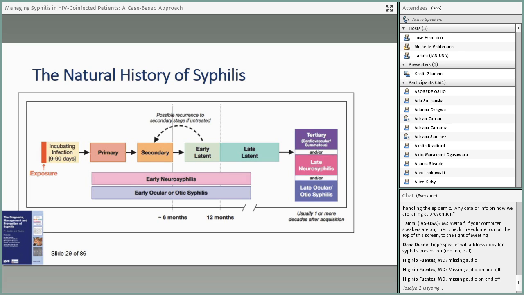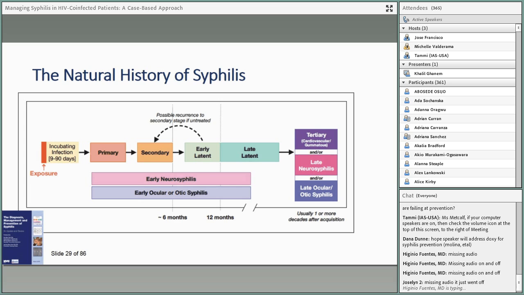And then there's going to be essentially a latency phase where the patients are asymptomatic. They don't have any symptoms. And then about 4 to 8 weeks later, after the primary chancre disappears, you're going to get into the secondary phase. And the secondary phase is the phase where you see everything happening. Essentially, you will see evidence of rashes. That's where the diffuse rashes occur.